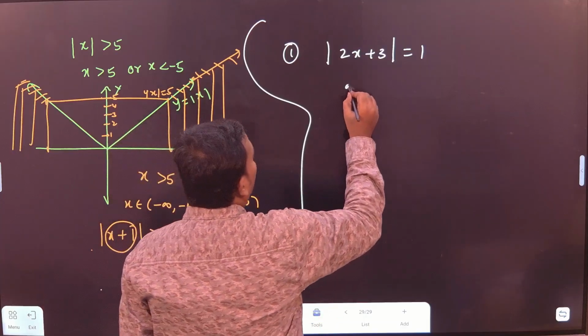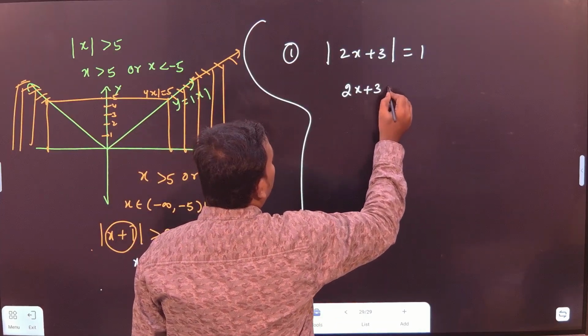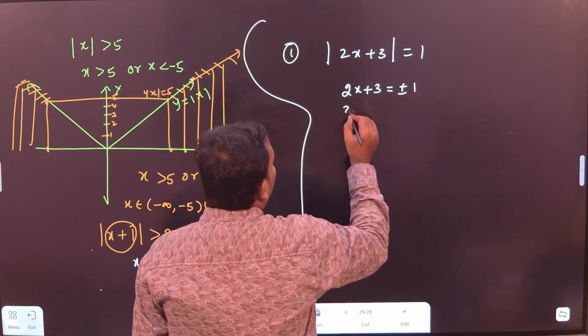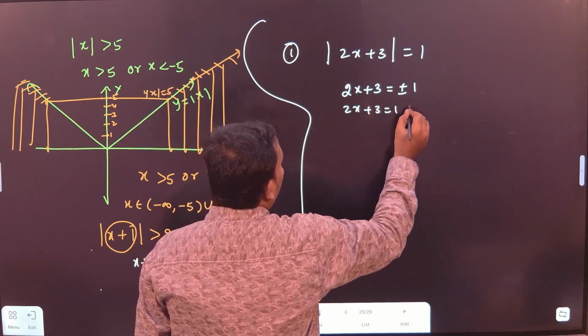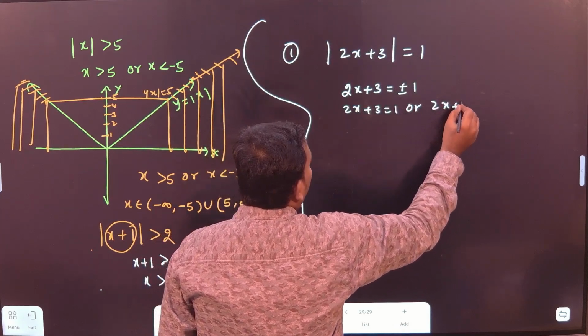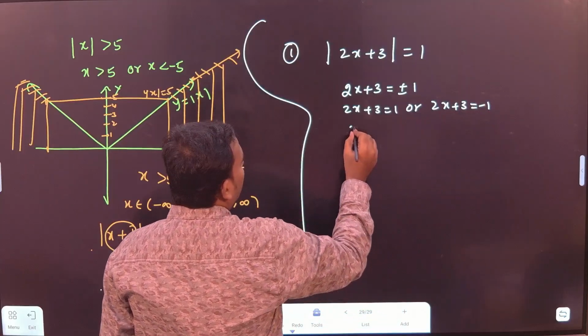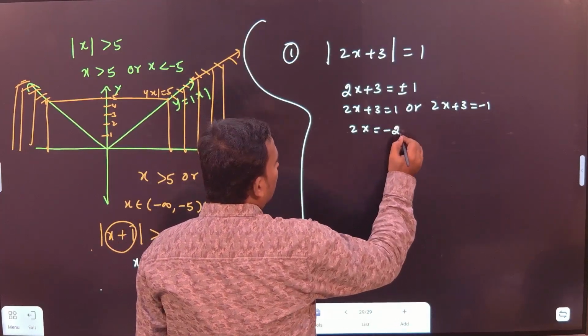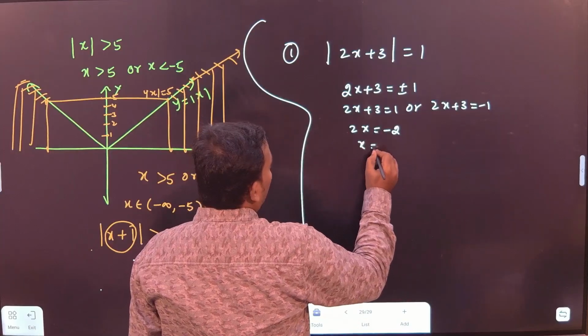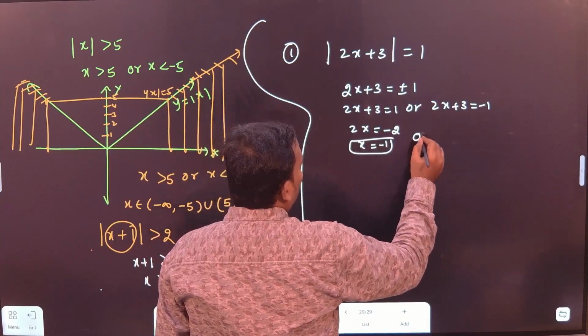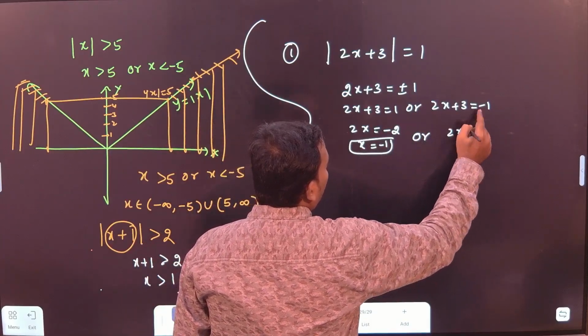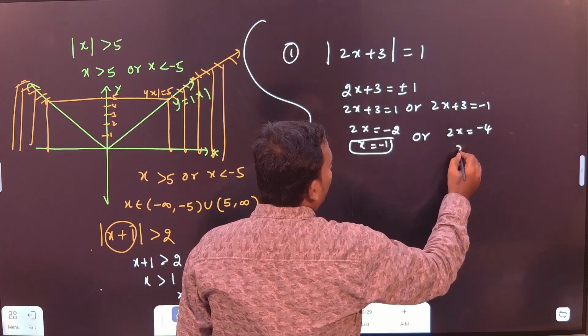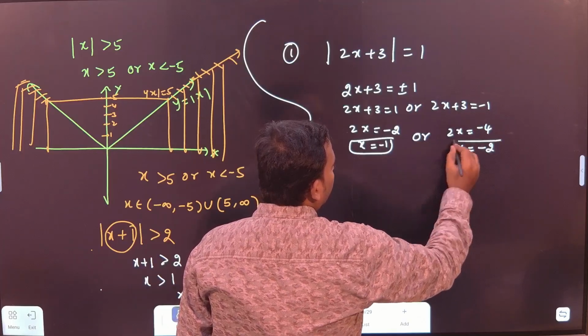The same way, 2x plus 3 is equal to plus or minus 1. That means 2x plus 3 is equal to 1 or 2x plus 3 is equal to minus 1. So 2x equal to 1 minus 3, which is minus 2, then x is equal to minus 1. Or 2x equal to minus 1 minus 3, which is minus 4, so x is equal to minus 2.